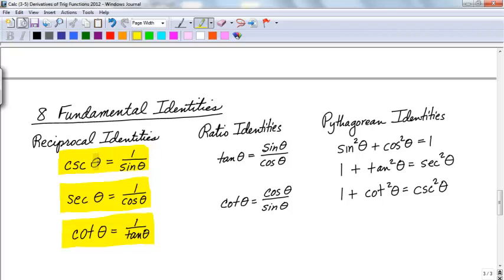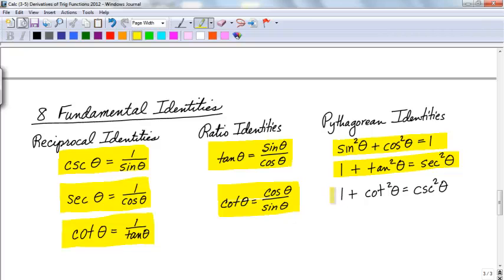Okay. On the ratio identities, tangent is sine over cosine. Cotangent is the reciprocal of that. Cotangent is cosine over sine. Then we did the Pythagorean identities: sine squared theta plus cosine squared theta equals 1. 1 plus tangent squared theta equals secant squared theta.